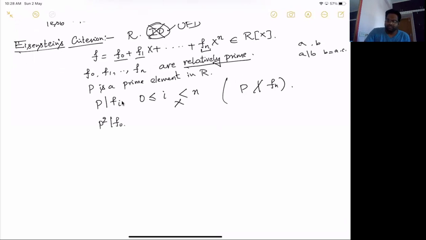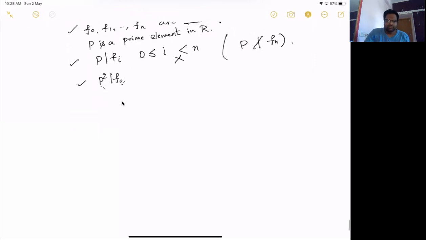So we have these three conditions. F is a primitive polynomial. Secondly, P divides each and every coefficient except the coefficient of the highest degree monomial. And also that P square does not divide the constant term. Then F is irreducible in R[X].